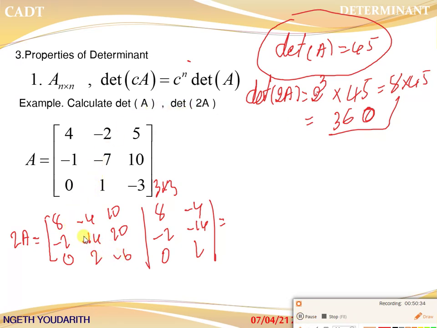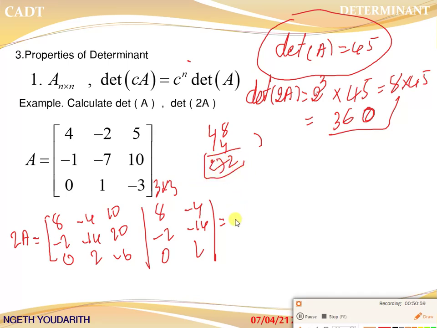This is 48, and 14 is 2, 3 is 16, 19, and 8 is 27.